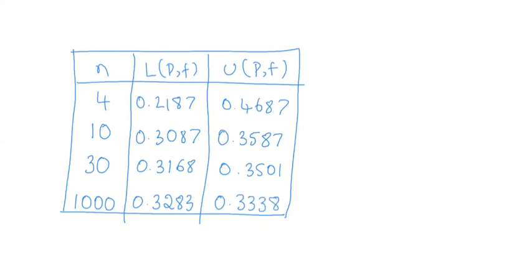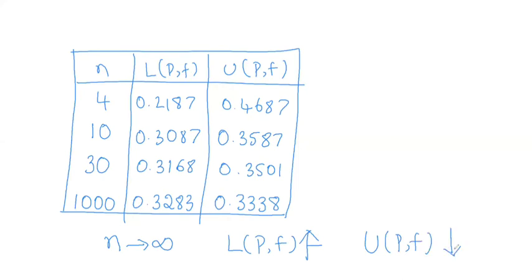So what we observe here is that as the number of subintervals increases, the lower Riemann sum is actually increasing, but the upper Riemann sums are decreasing.